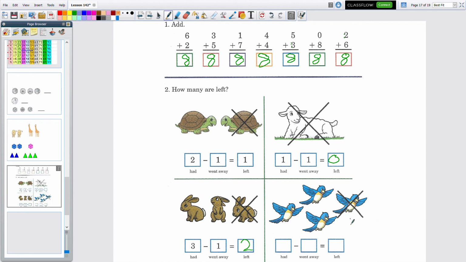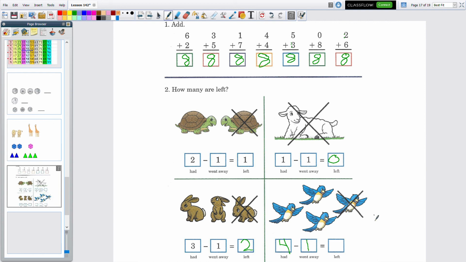How many birds were flying around? I see 4. Let's count. 1, 2, 3, 4. So in that first box, I need you to put number 4, because you started with 4. How many X's? 1.